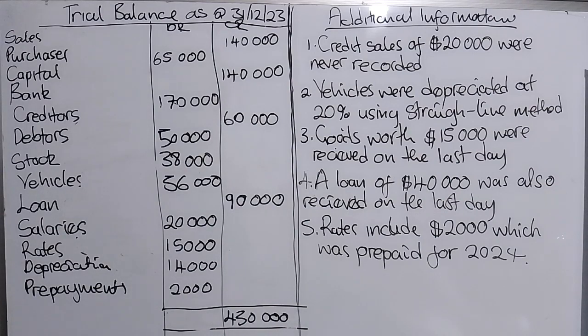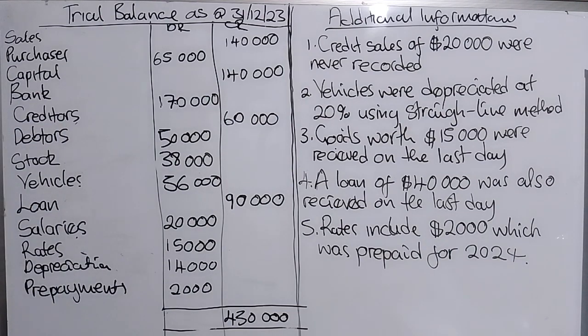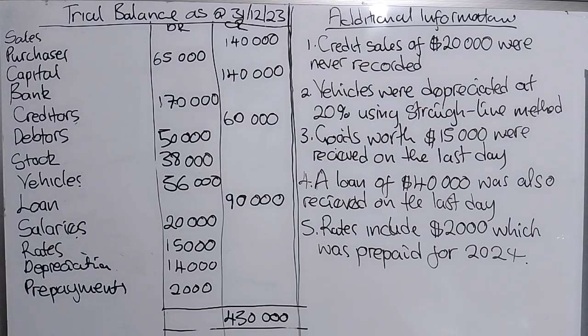Just to cross check, this figure should equal the total of this side. If it doesn't, there will be an error, and the error will need to be adjusted again. So this side we have 65,000, we have 170,000, we have 50,000, we have 38,000, we have 56,000, we have 20,000, we have 15,000, we have 14,000, we have 2,000.